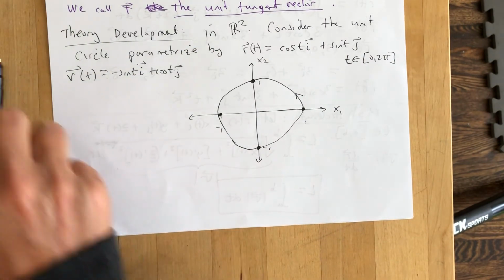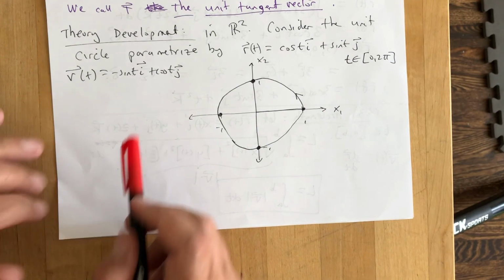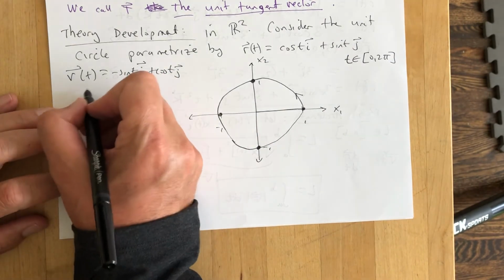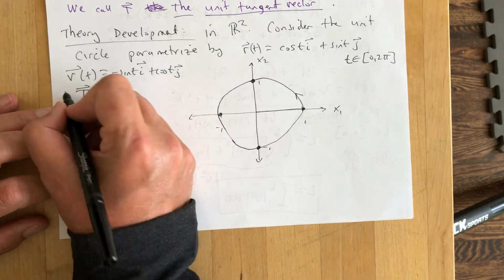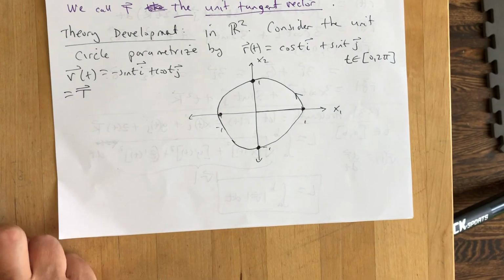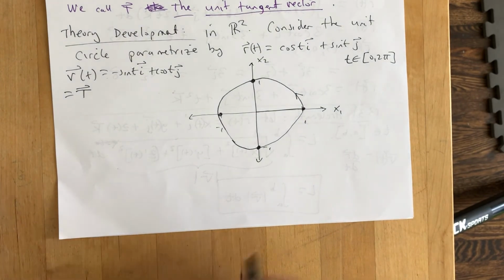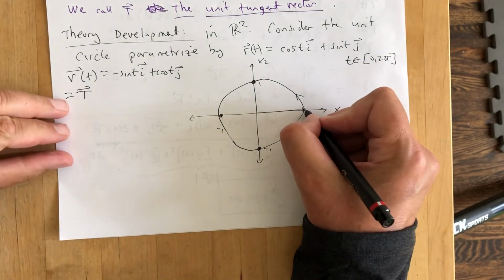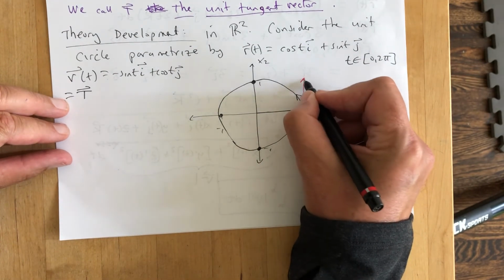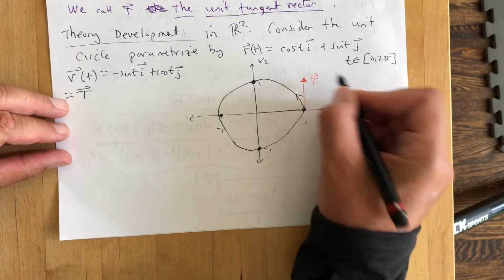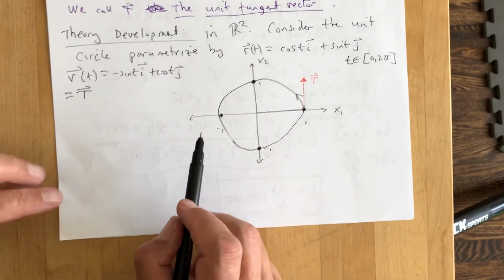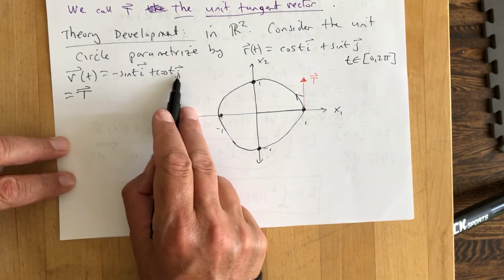Now the length of this guy is 1, because sine squared plus cosine squared is 1. So this guy is already equal to T. Right? It is the unit tangent vector at any point along the curve. Now at t equals 0, I have this. If you plug in 0, you get j, which is this.